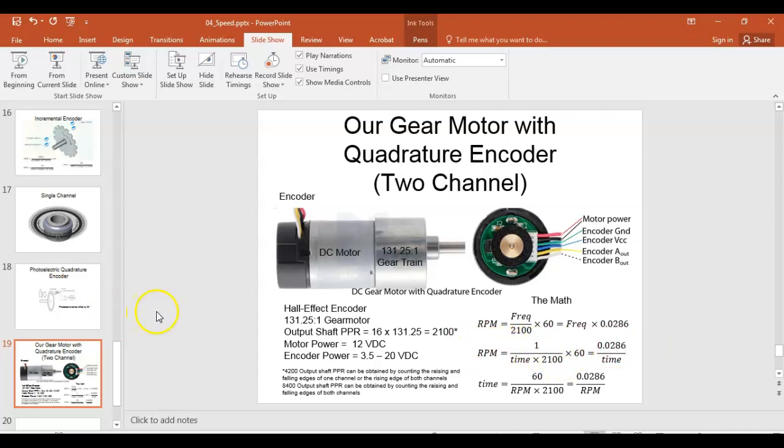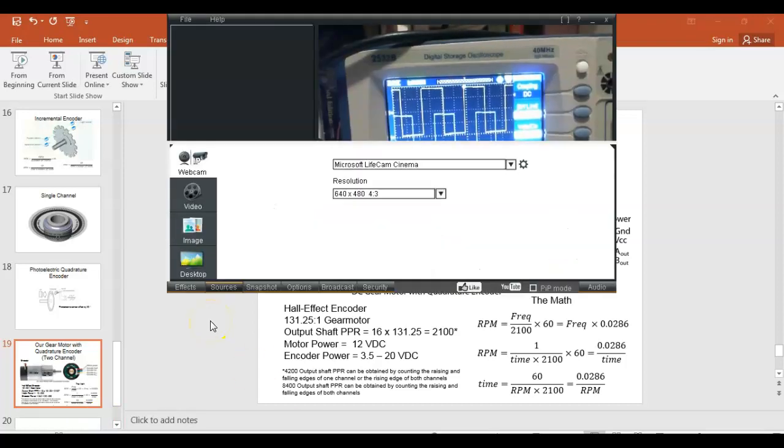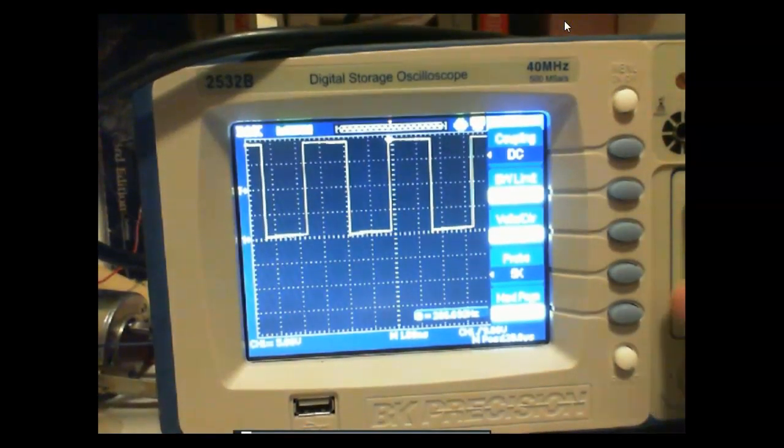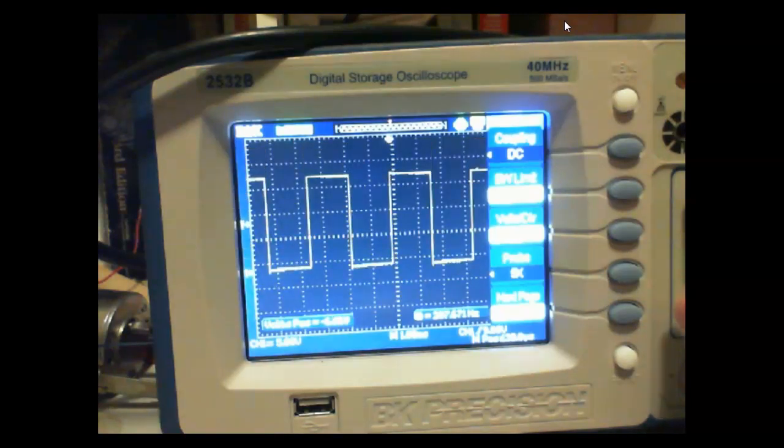Yes, sir. So what I'm going to do is turn off this one, and I'm going to move this down so we can see it a little better.